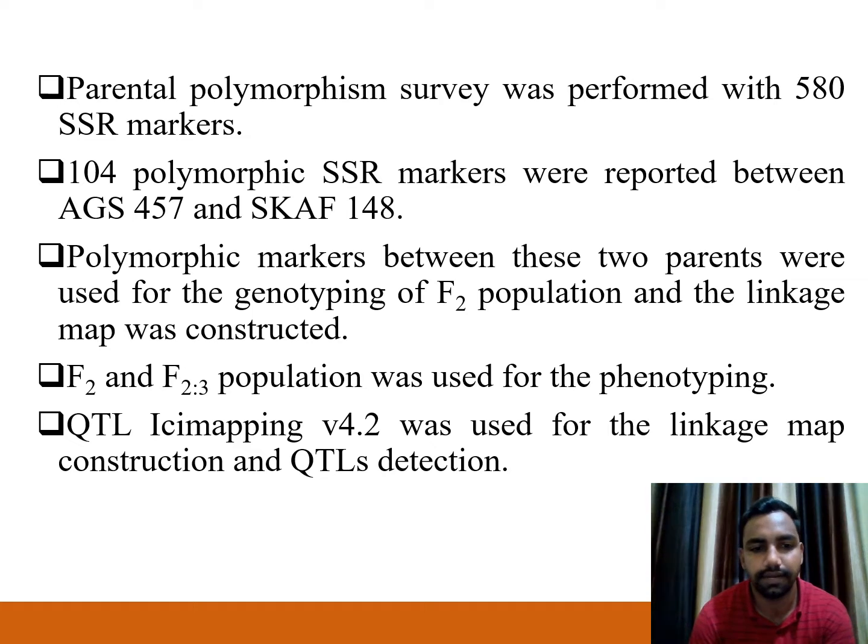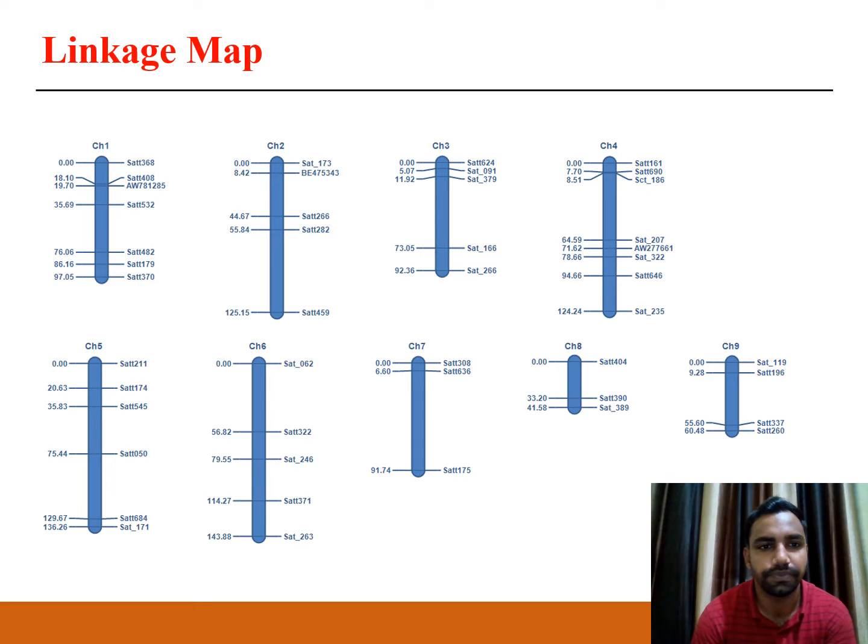After that, the F2 and F2 to F3 populations were used for phenotyping. By combining the genotypic and phenotypic data, we conducted the QTL analysis using the software QTL IciMapping version 4.0. Using the genotypic data, we constructed the linkage map.